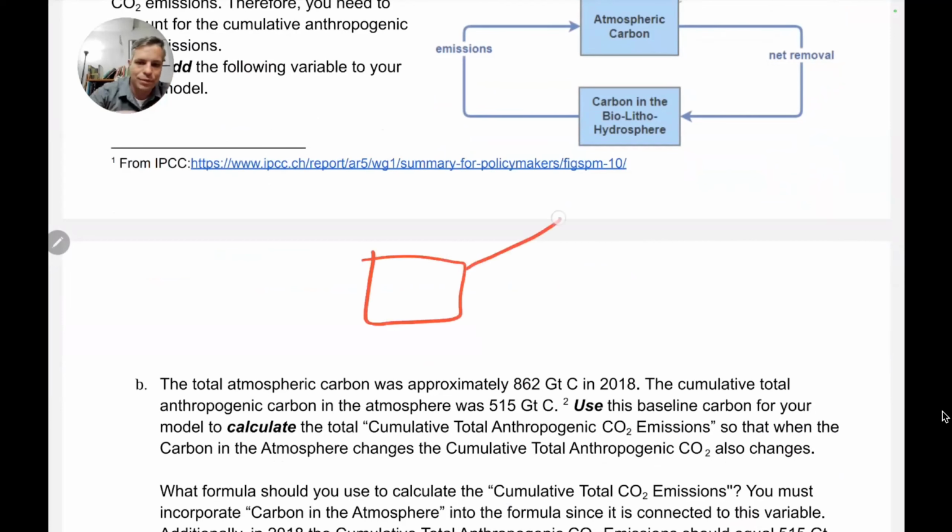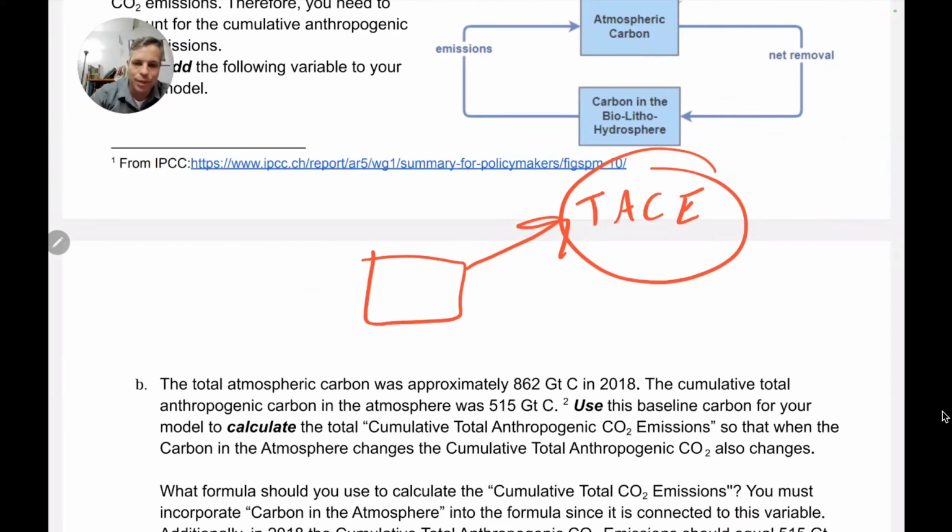So let me draw this out. Here's your total anthropogenic carbon emissions as our variable, and this is the total carbon. So at the beginning of our simulation, time 0, we should have a total of 862 gigatons. So it starts off at 862.